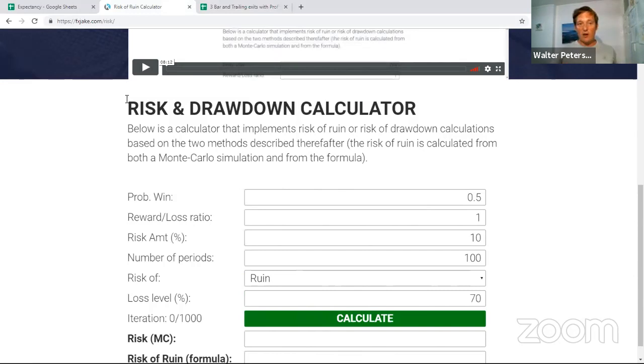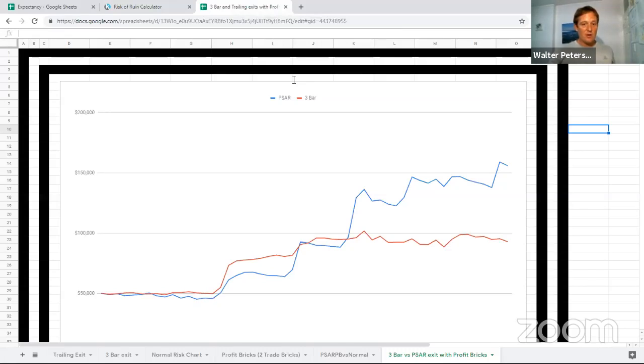I showed you these curves. These curves are drastically different depending on how you amplify the results using a different set of risk rules.